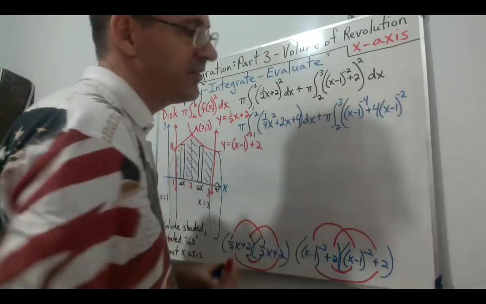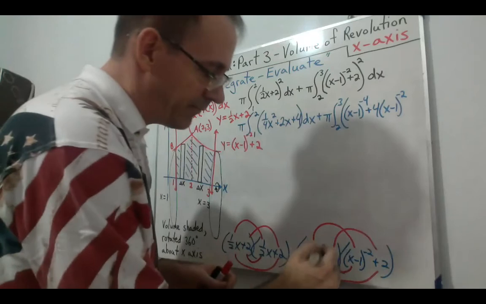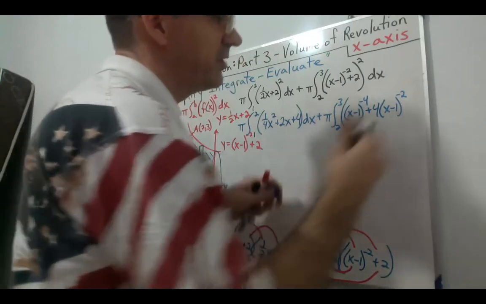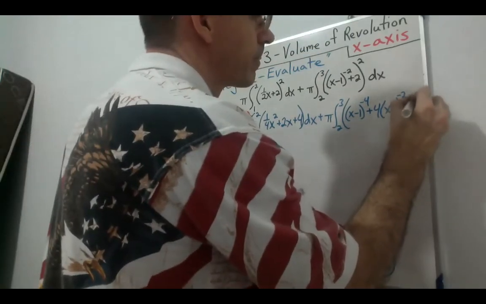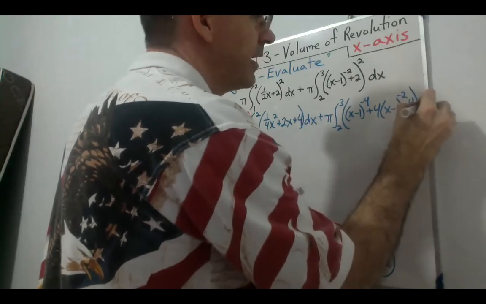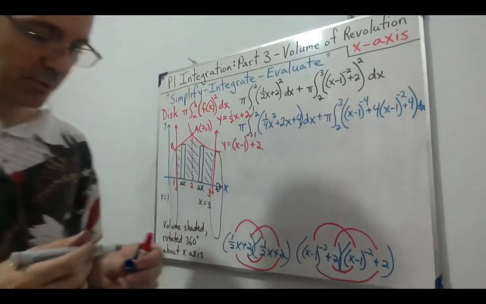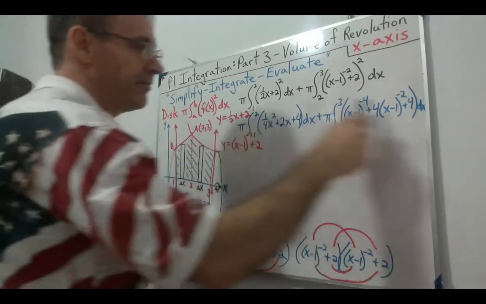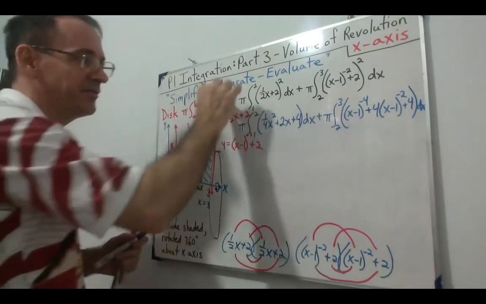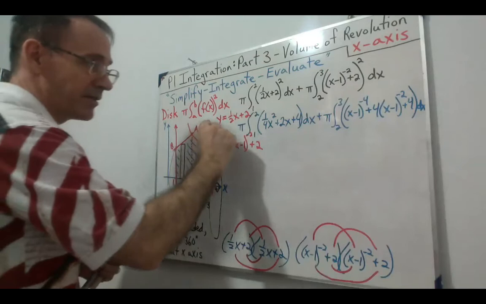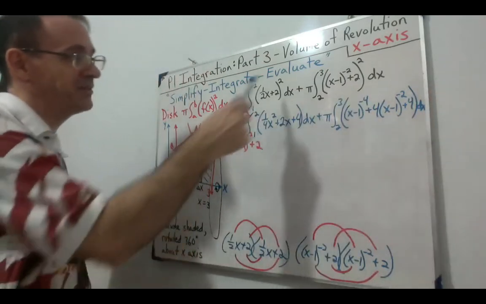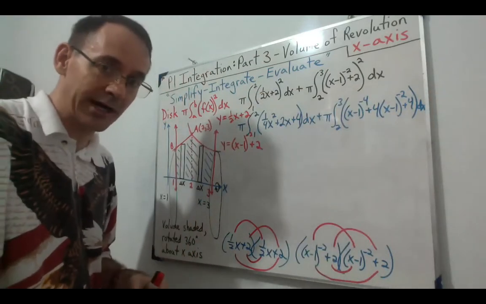Okay, so just leave it as negative exponent, and then you have 2 times 2 is 4. And then, of course, we got our dx there at the end, which is our width. So all of this is the simplify. This is the formula. This is the simplifying, which basically was expanding out the squares.